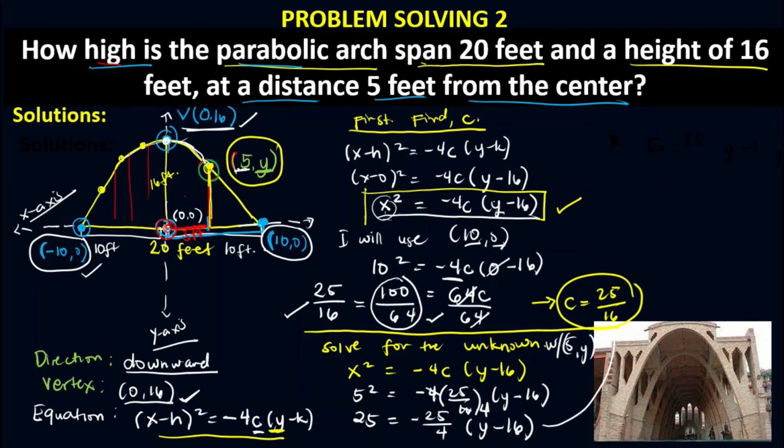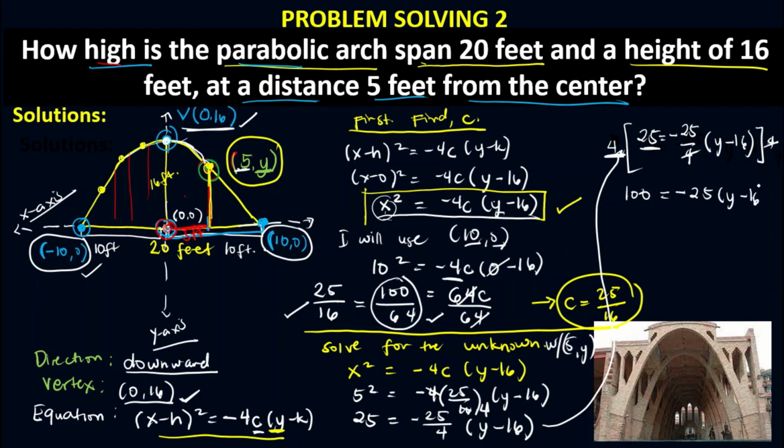Okay, and then ipagpatuloy natin siya na we have 25 is equal to negative 25 over 4 times (y minus 16). Okay, so para mawala ang fraction, multiply both sides by 4. So, cancel yung part na to, and yung matitira is 4 times 25, magiging 100 is equal to negative 25 times (y minus 16).